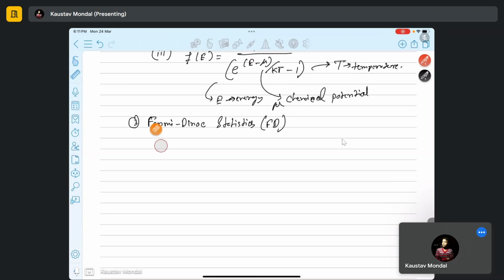Here what happens? These Fermi-Dirac statistics are also obeyed by quantum particles, but the main difference is the particles now are fermions, not bosons. Fermions are indistinguishable, the same property. But now there is a constraint, which suggests that no two particles can occupy the same quantum state.